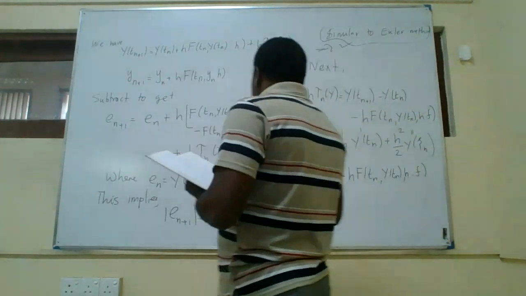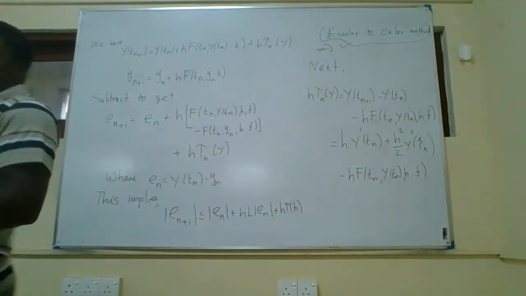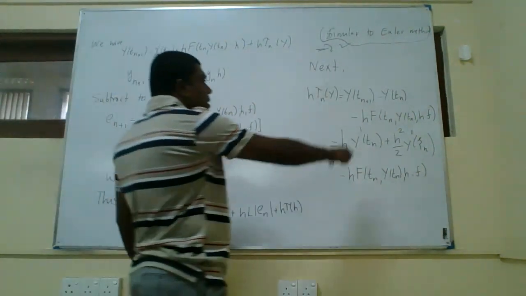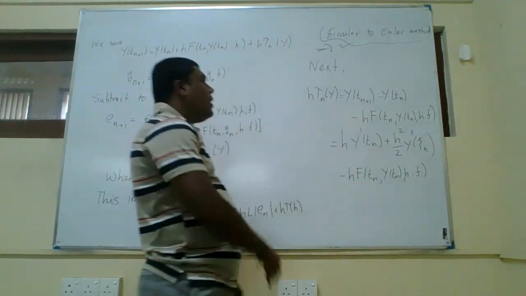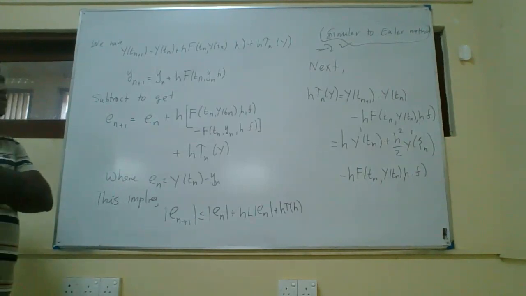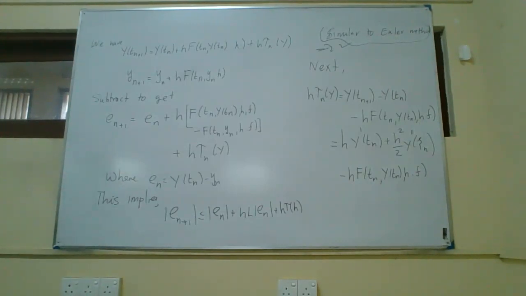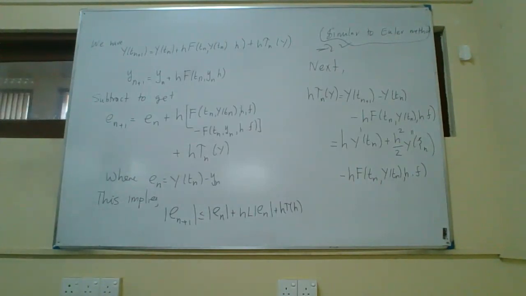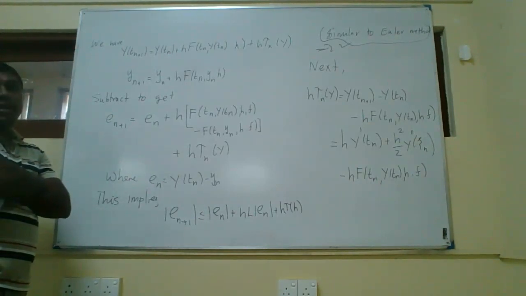Okay, so this is what you have, right? So how do you get this? It is by applying the Taylor's expansion for y of Tn plus 1. So y of Tn plus 1 Taylor's expansion is y of Tn plus h times y prime of Tn plus h squared over 2 y double prime, and h cubed over 6 y triple prime, and it will continue like this.